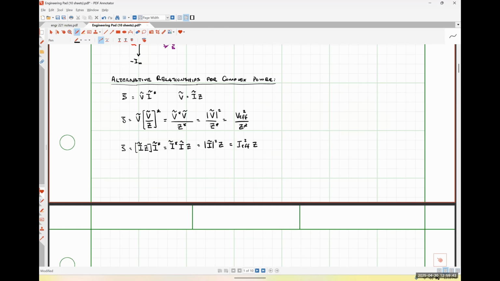Whenever I'm using my voltage relationship, I do have to conjugate my impedance. That's probably the most common mistake I see students make, is they forget to take the conjugate of the impedance using the voltage. Okay.